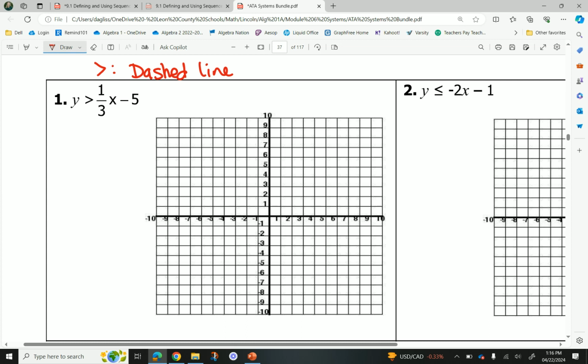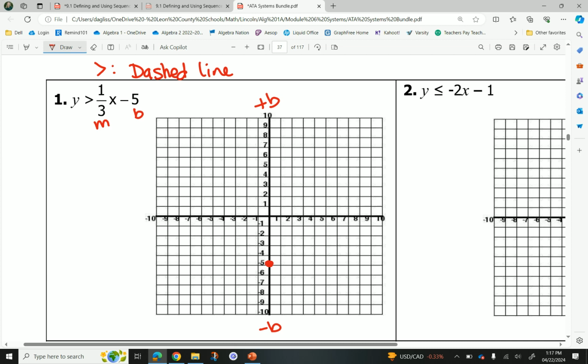I'm still graphing my lines the same way I've been doing them. Remember, this is my B and this is my M. Where do you begin your line? Where my B is -5. Good. So we're going to find the y-axis. We use our y-axis to label our B. So there's -5.